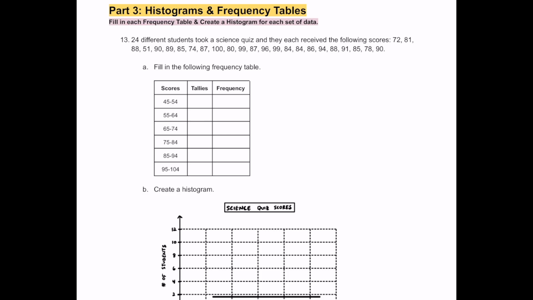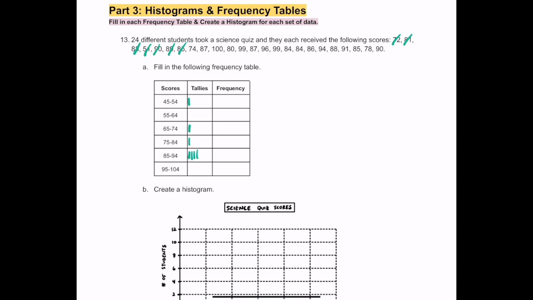So 72, I think that goes here. I think this is the one where it's going to spill over a little bit. 88 is here. 51, 90, 89, 85.